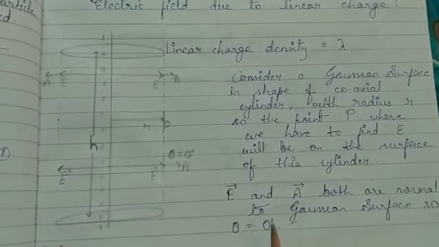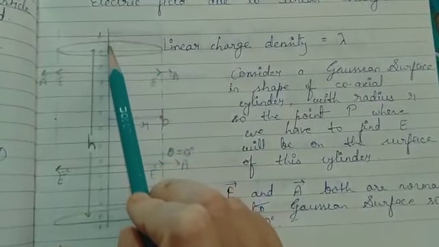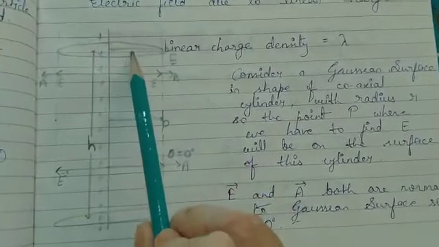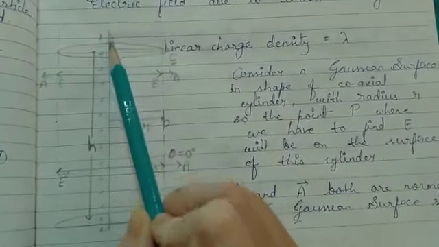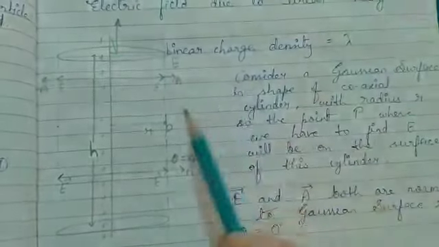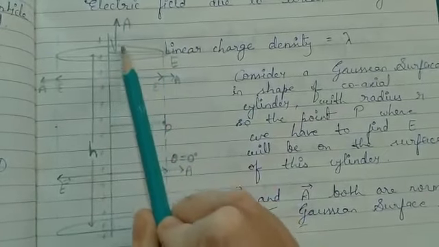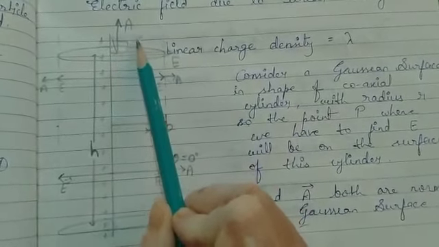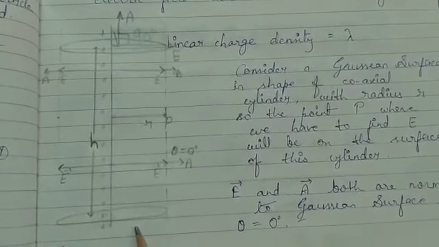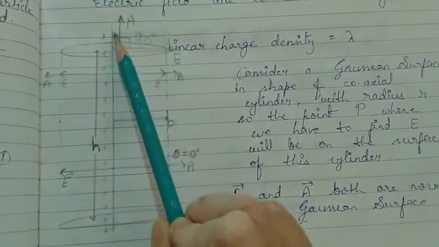Now one more thing. See, this is the electric field, here also this is the electric field, but here the area vector is this side. It is a flat surface, so what is the angle between E and A? It is 90 degree, because the area will be perpendicular here.